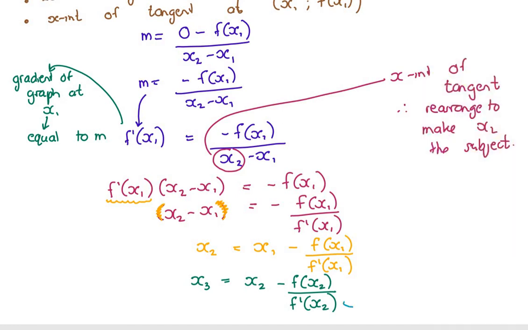Which means, what is the formula? Now I've run out of space, so I'm going to go here. Now you can either use n or r, I've seen both, but basically on your formula sheet for AP Maths, it'll say if you want to find the next approximation, so the n plus 1th approximation, what does it equal to?